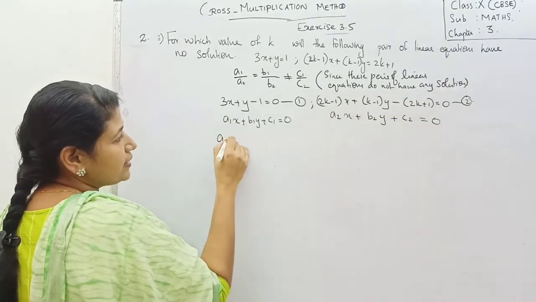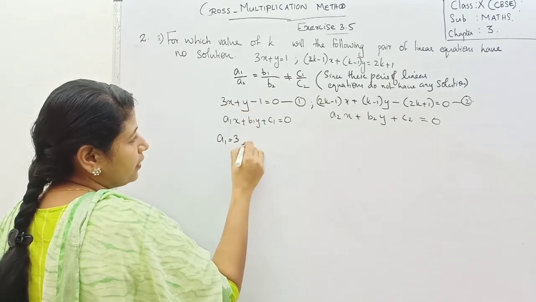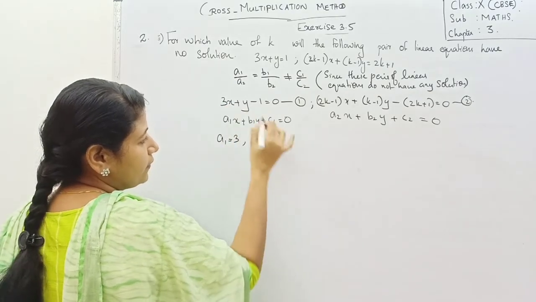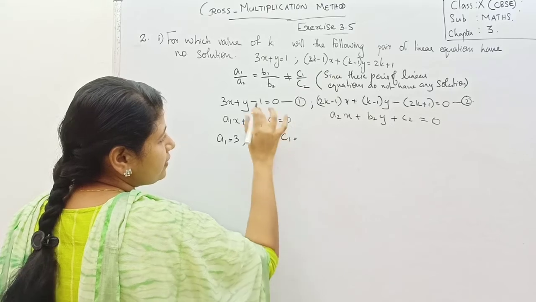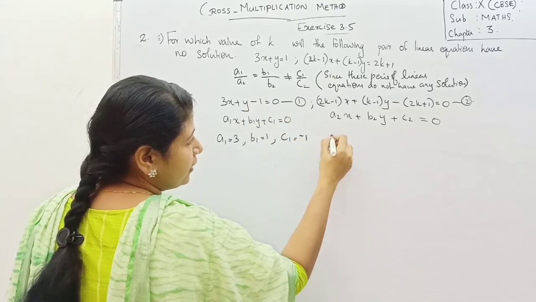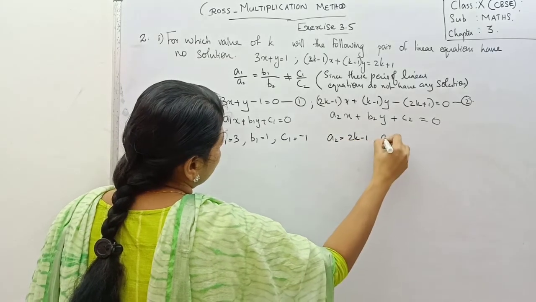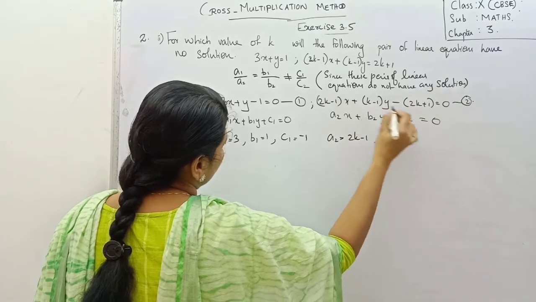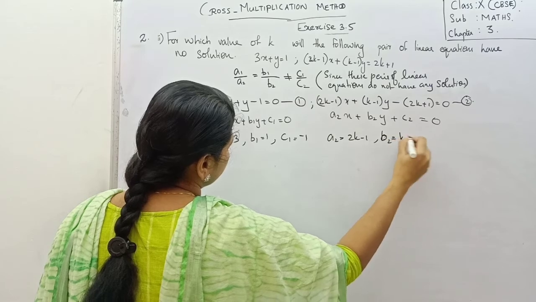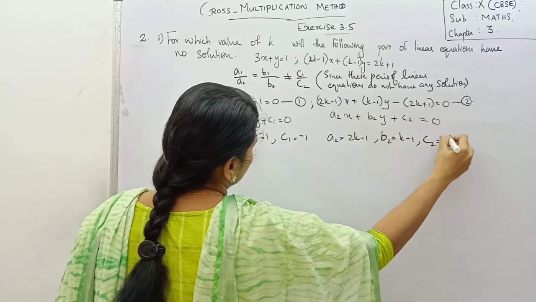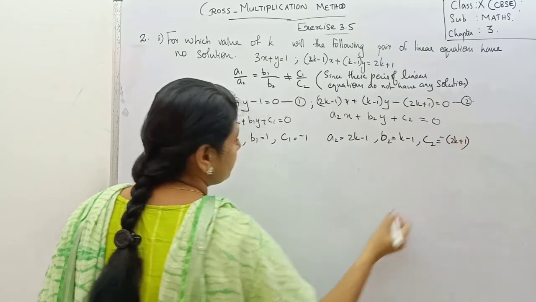So here a1 is the coefficient of x, 3, b1 is the coefficient of y, which is 1, c1 is the constant term, which is negative 1. Here a2 is the coefficient of x, which is 2k minus 1, b2 is the coefficient of y, which is k minus 1, and c2 is the constant, negative (2k plus 1).